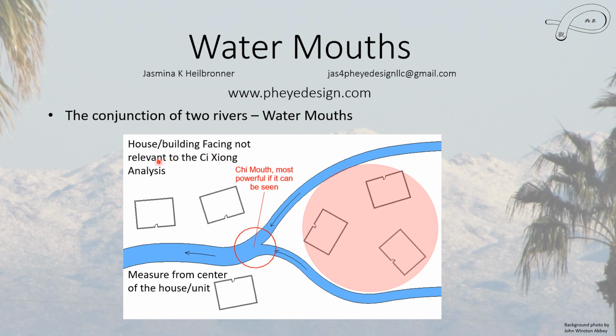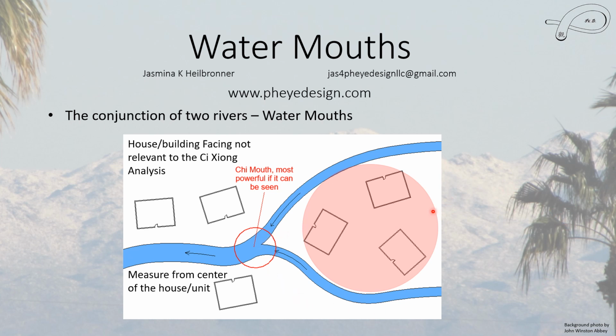The building or house facing is not relevant at all to the Chi Hung analysis, which is a good thing. It really just depends on where the chi mouth is from the center of the house. So each one of these buildings will very likely have a different sector for this chi mouth. And if there's another building here, it's going to have a different one.